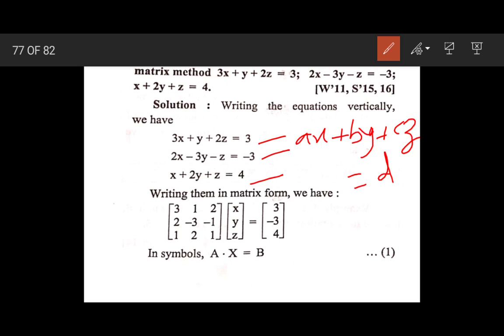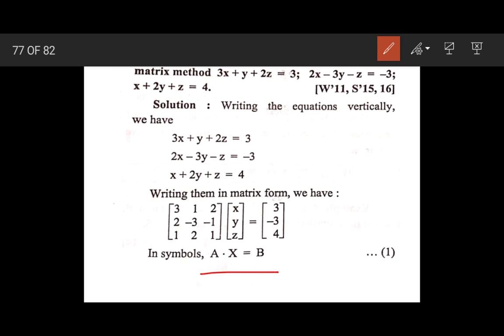After writing all the equations properly, we have to convert them into matrix form. So the matrix equation is Ax equal to B, where A is the matrix of coefficients. So how to find this A matrix? Above, write down all the variables: the first variable is x, the second is y, and the third is z.